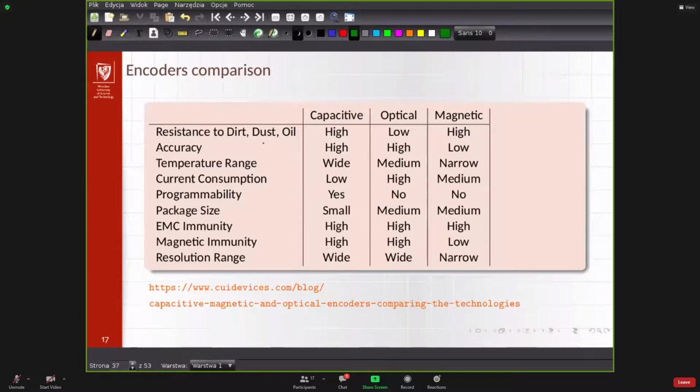Okay, and when we talk about the comparison of these encoders, you can have these three types: capacitive, optical, and magnetic, and different properties that influence the applications, such as resistance to environmental conditions like dirt, dust, or oil, accuracy, temperature range, current consumption, programmability, package, how big they are, whether they are immune to EMC, whether they are immune to magnetic field, and what resolution you can get.